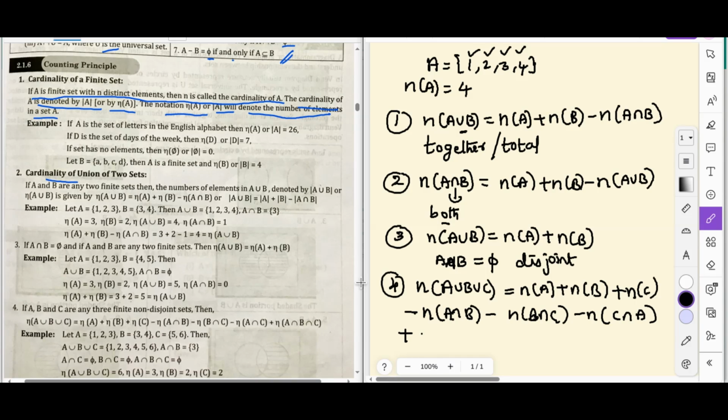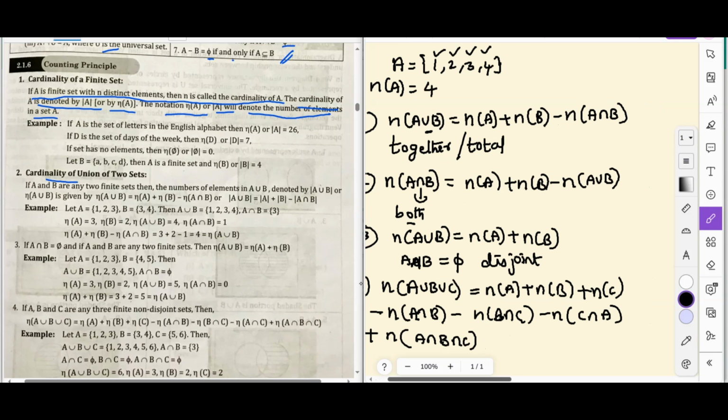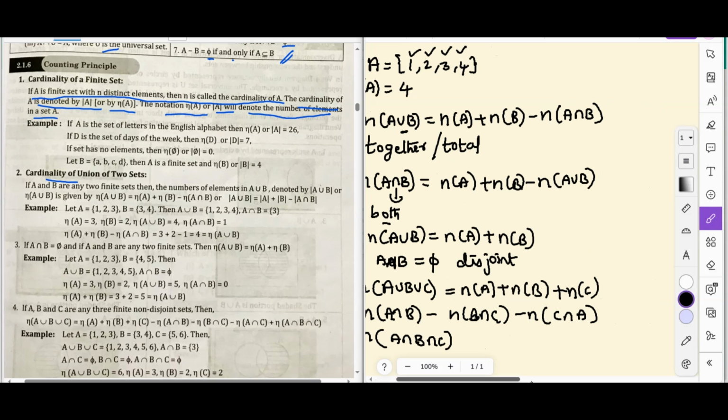Then we'll take 3 elements, plus n of A intersection B intersection C. So this will be the formula for cardinality of 3 sets.